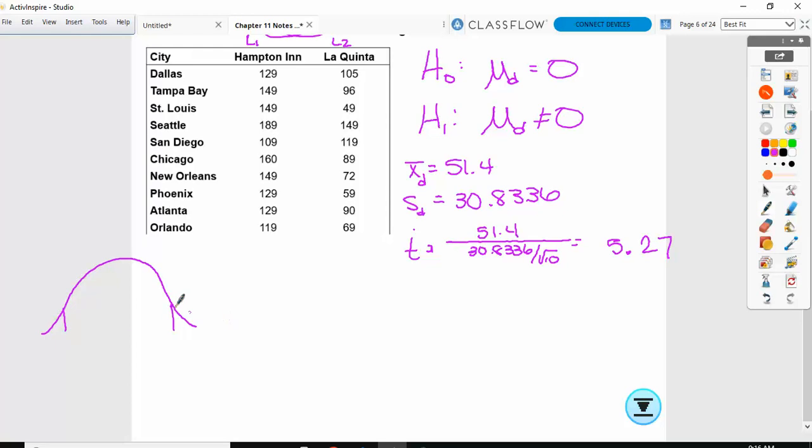So 0.05 divided by 2 would be 0.025. My degrees of freedom, n minus 1, would be 9. So you go to 9 and 0.025, and that gives us 2.262.